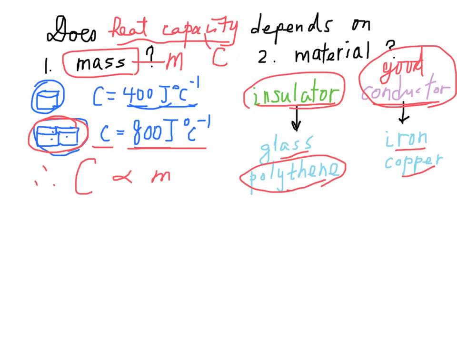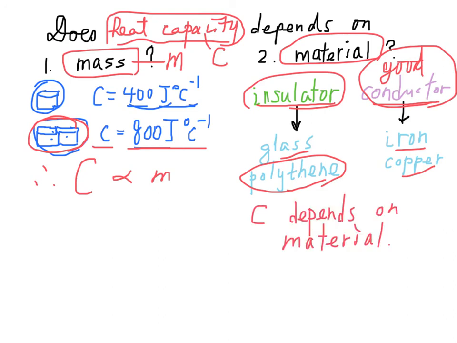Therefore, the heat capacity of an object should also depend on material. That means what kind of substance it is. That is, heat capacity C depends on material. As a conclusion, the heat capacity of the object depends both on mass and material.